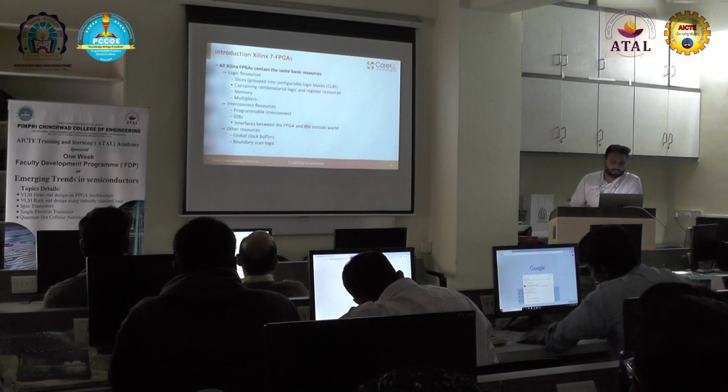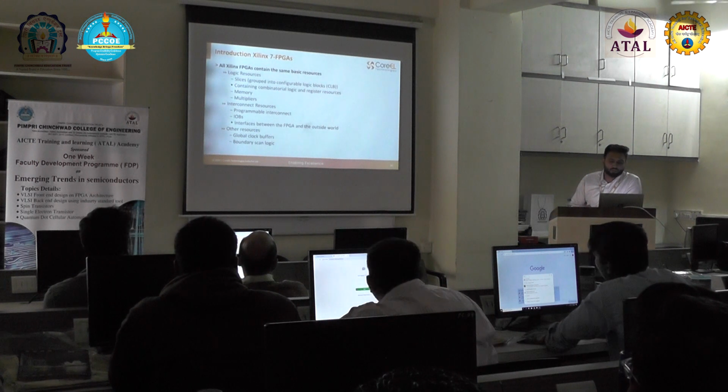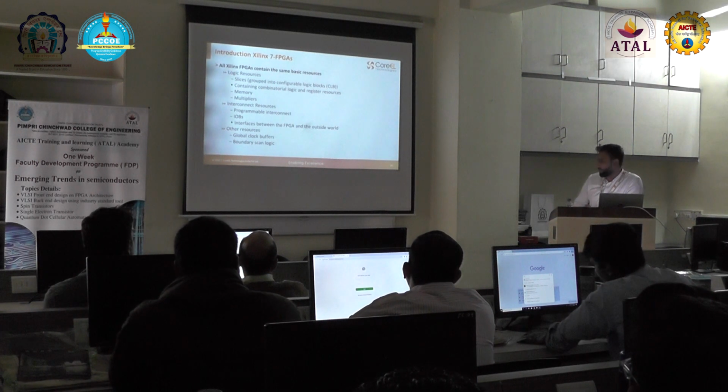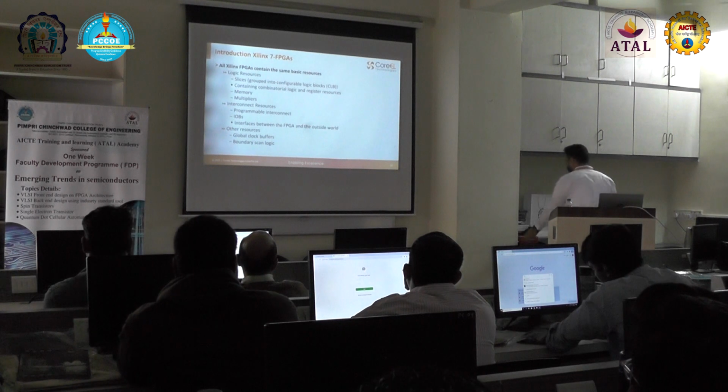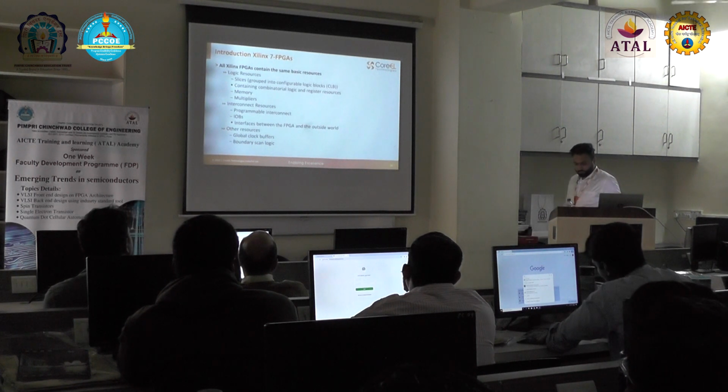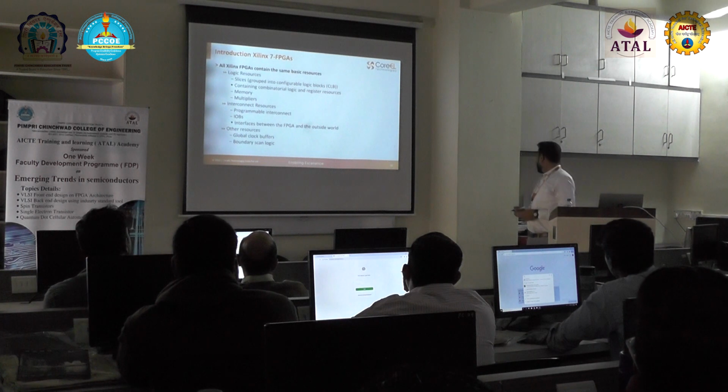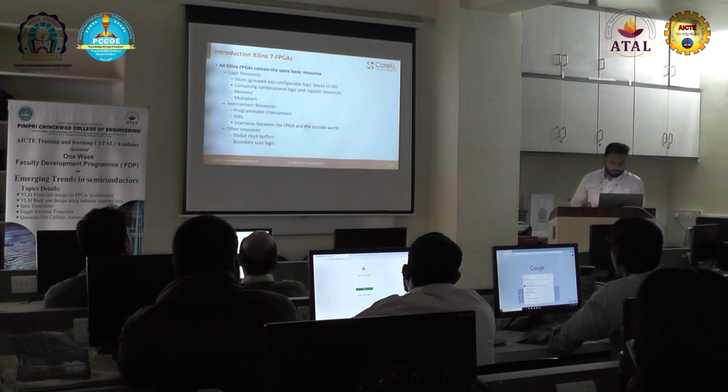So when it comes to slices, they are grouped into configurable logic blocks, where in the slices you will have SLICEL and SLICEM.